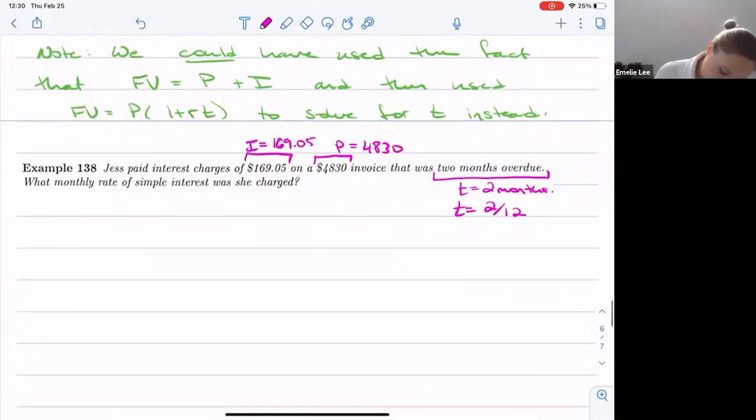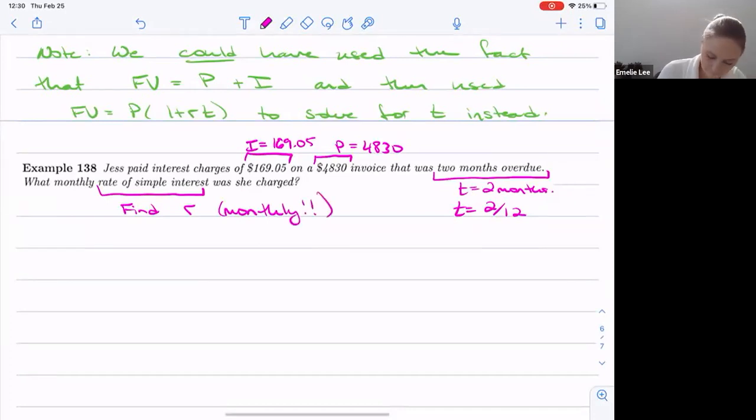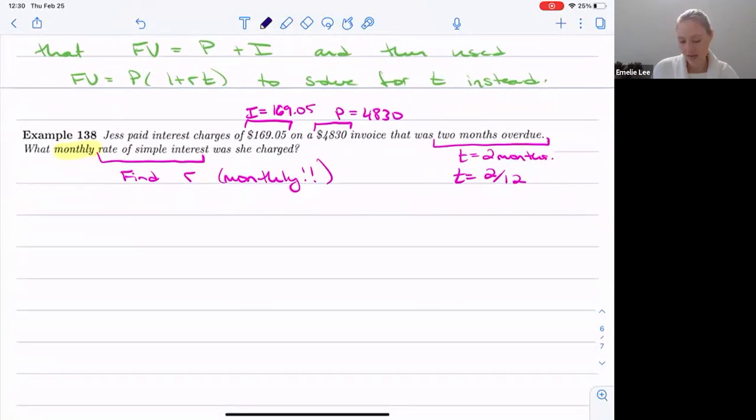And then we want to find R monthly. So a couple of subtle things that we need to pay attention to. So I have P, I have T, I want to find R.